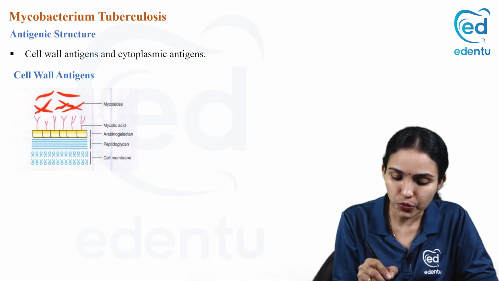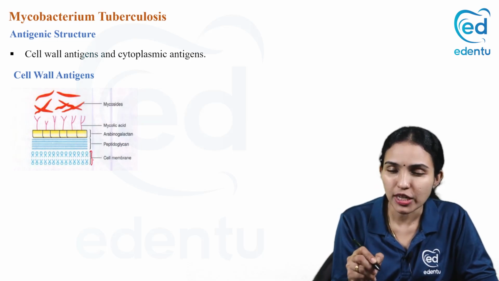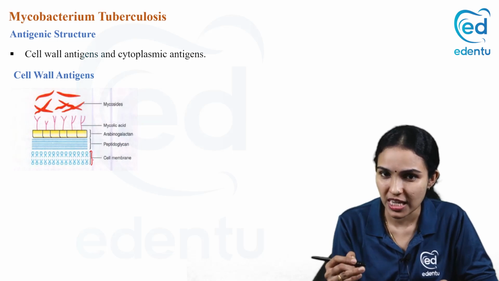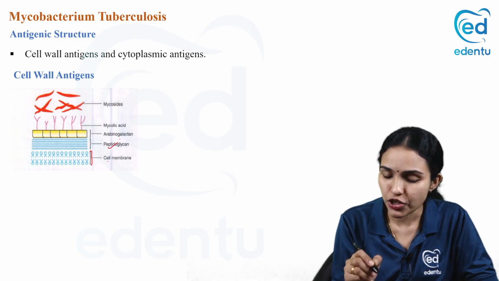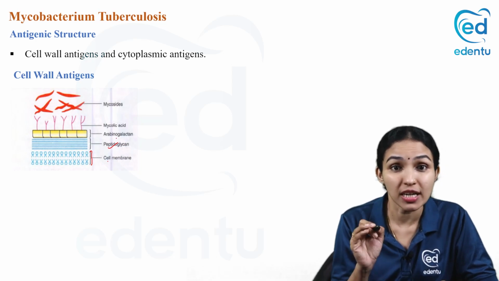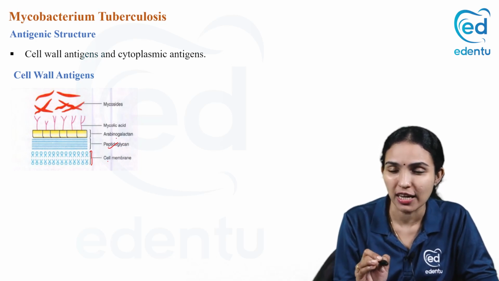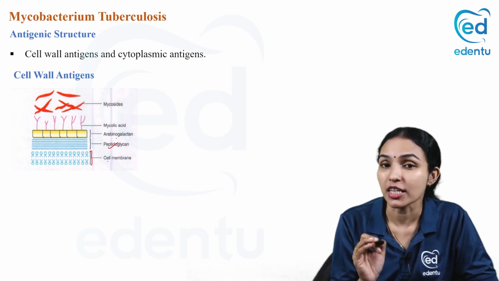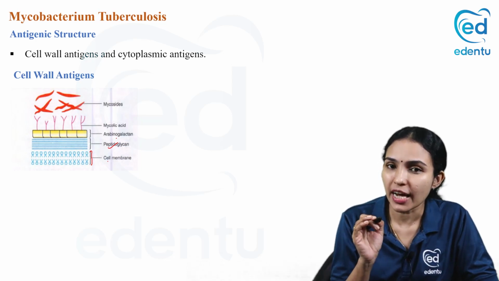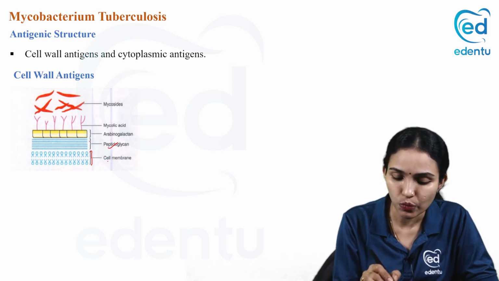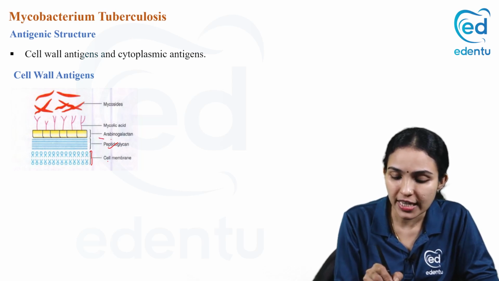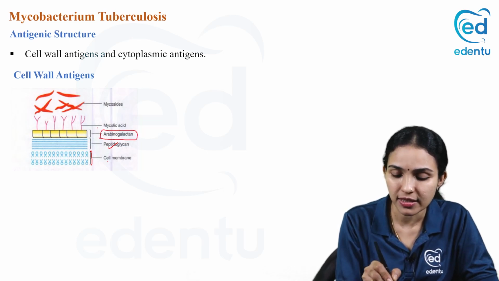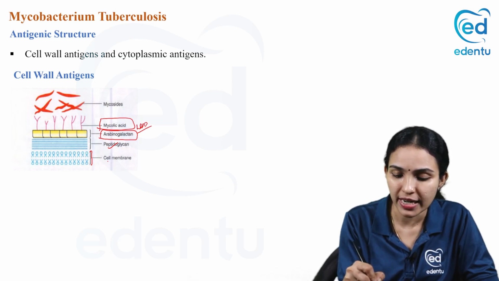You have to remember, you can see this is the cell membrane. Actually, it has a gram-negative type of cell membrane arrangement, with the cell membrane and the peptidoglycan layer. But it is actually a gram-positive kind of cell wall, not gram-negative. In addition to the usual gram-positive layer of just peptidoglycan, it has an additional arabinogalactan layer, a mycolic acid layer, and a lipoarabinomannan layer.